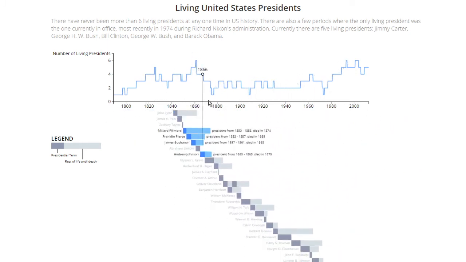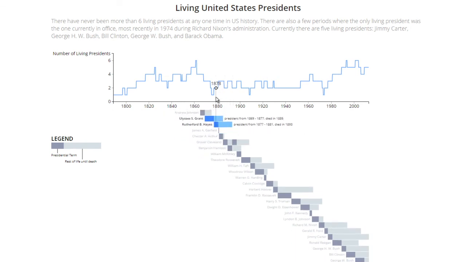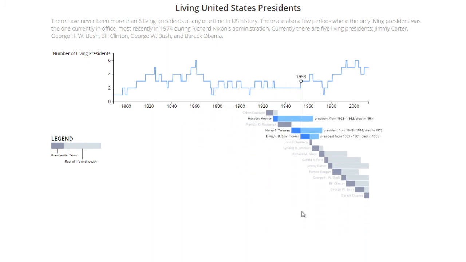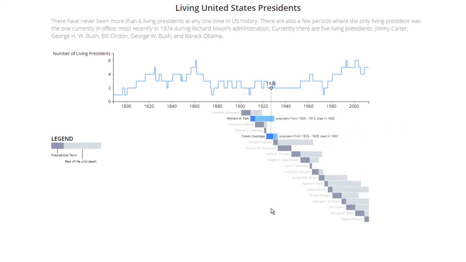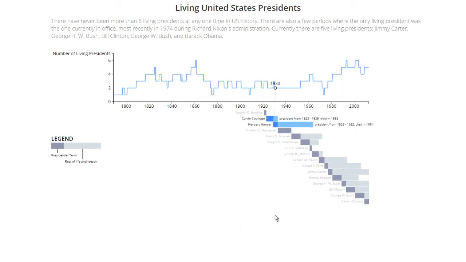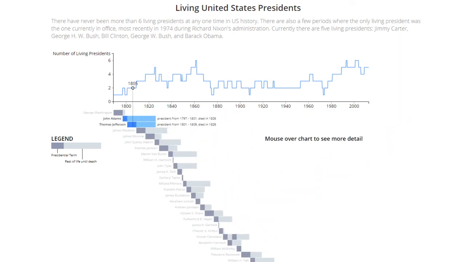So the moving of the cursor on the timeline updates the evolving timeline and time period. The spatial allocation here is that each president gets his own row, and the time interval is, of course, the time from the start of the presidency until the end of his life. Okay, so let's go back to the other thing.